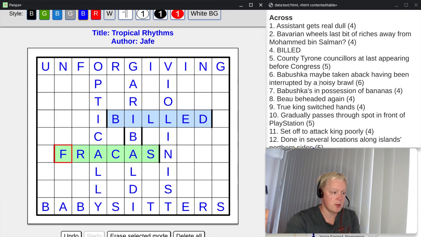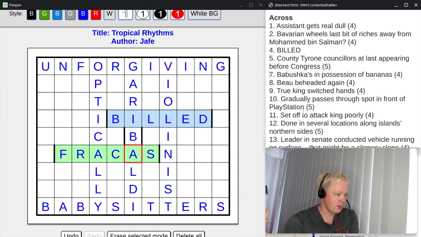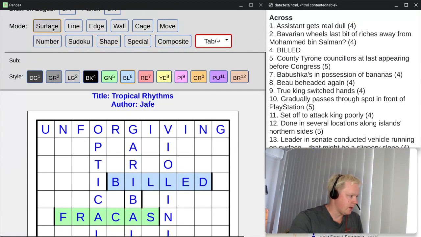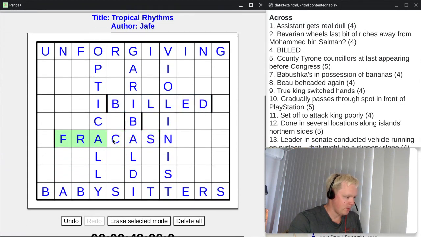And that means noisy brawl. So this A is part of the wordplay. That was this A here, scarf backwards, and a noisy brawl is a fracas. So we don't have to write that in because we already found out the placement. All right. Then remove these.